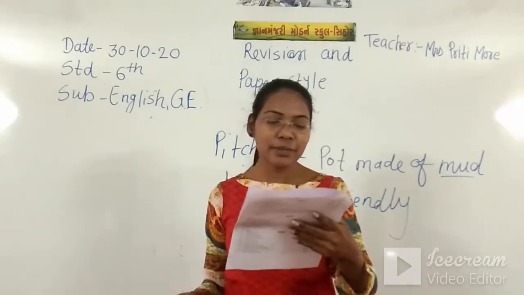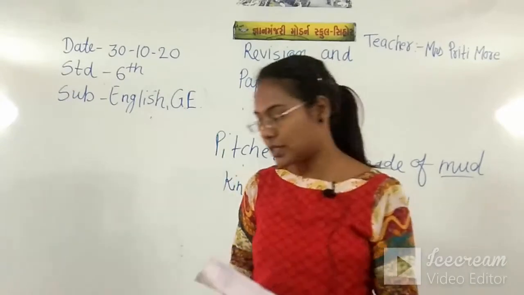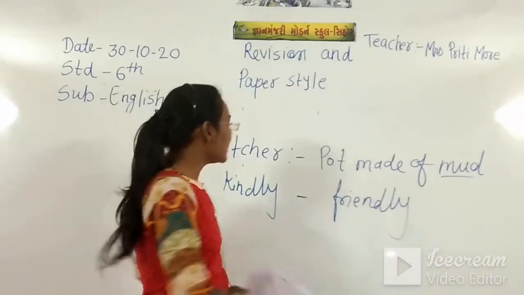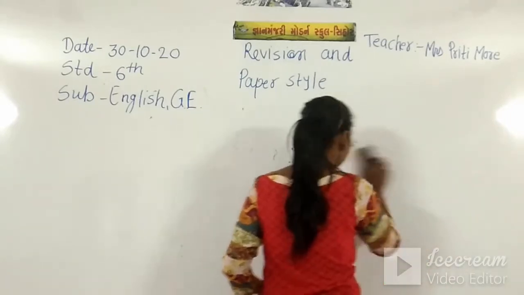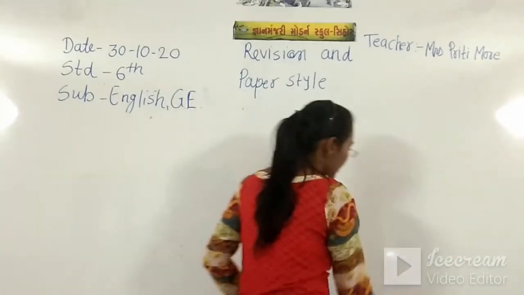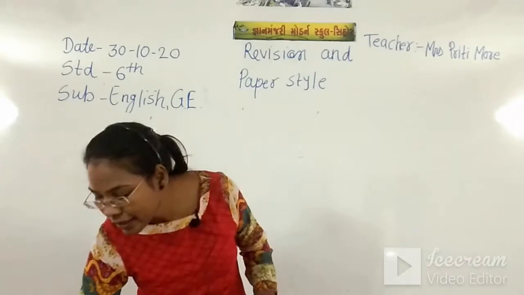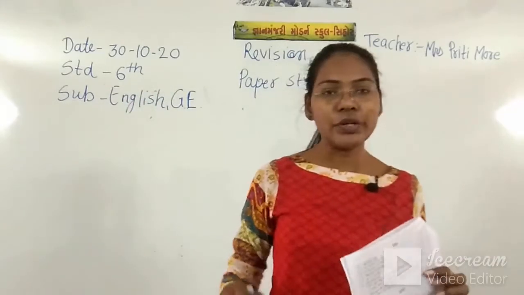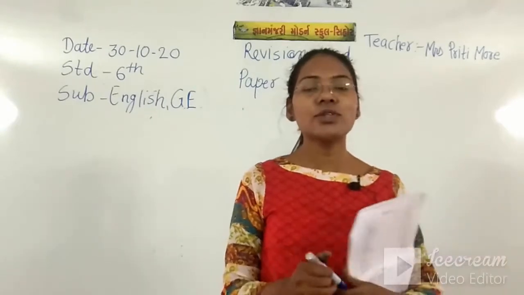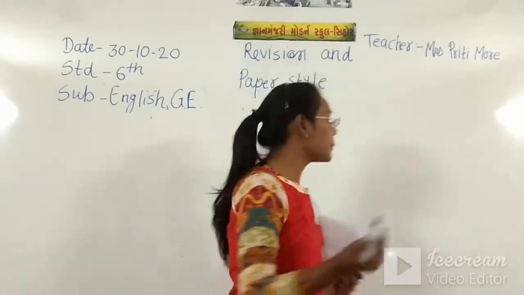Now the second will be true or false. Second question will be true or false. For example, don't try to write T and F, as many of the students just write F for false and T for true. This will not be acceptable.